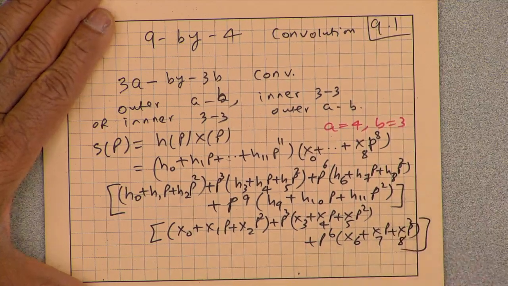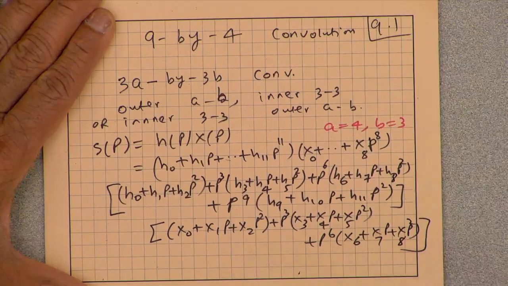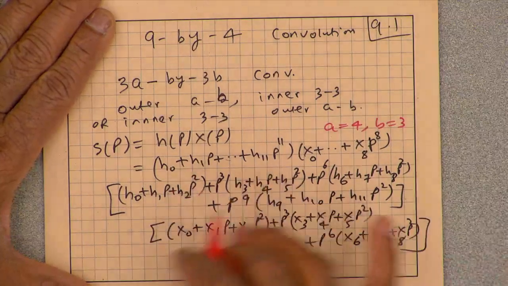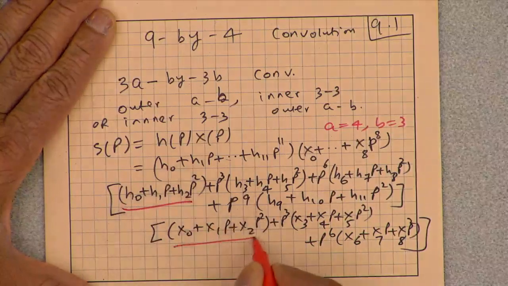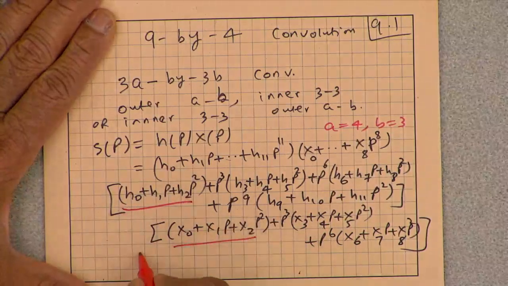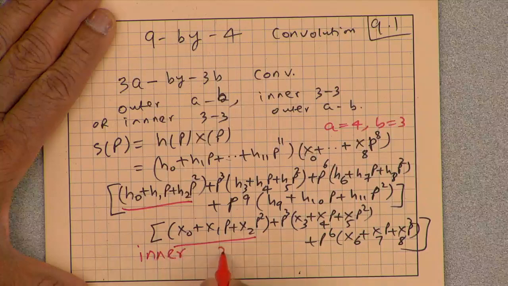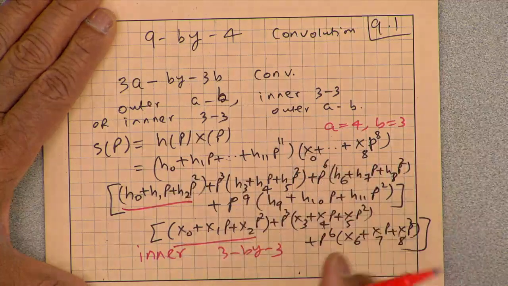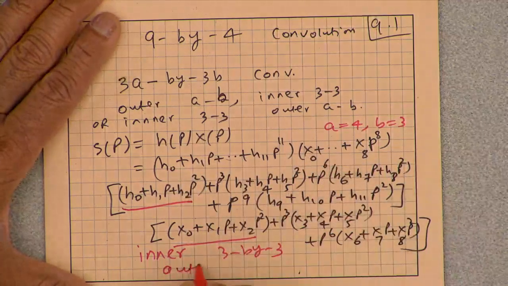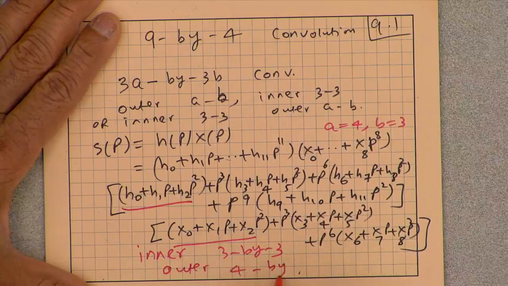In this approach, the inner convolutions are going to be this convolved with that. So this is inner 3 by 3 and the outer will be 4 by 3.